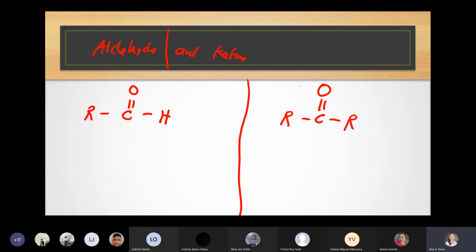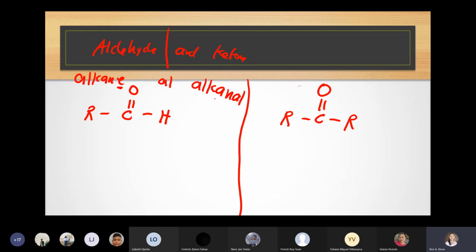So our aldehydes are named by replacing the terminal E of the corresponding alkane with an al. For example, we have alkane, the E here is replaced by al, so it becomes alkanal.